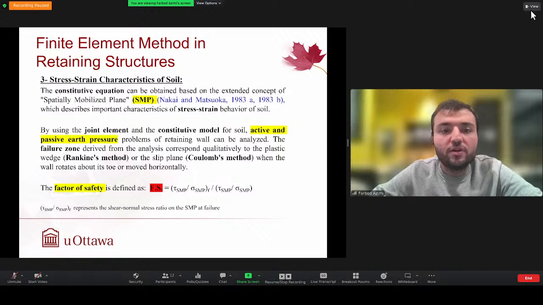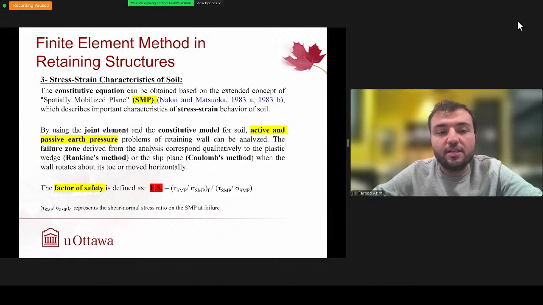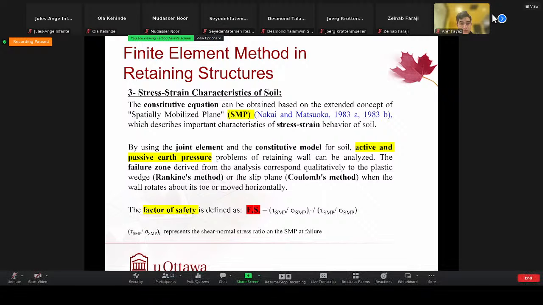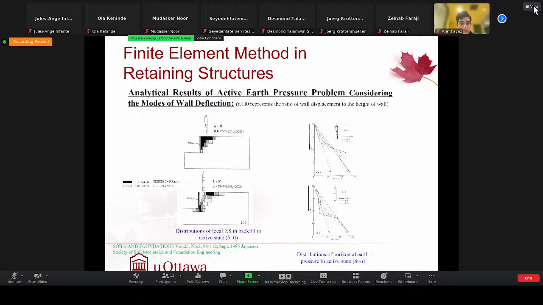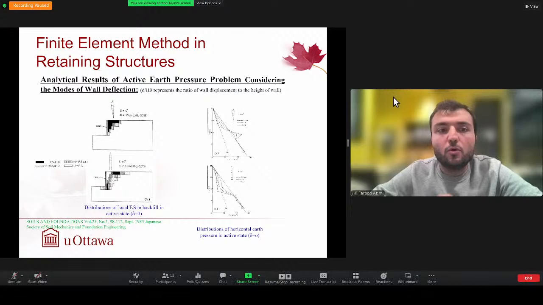So using the joint elements and these constitutive models, we can find the active and passive earth pressure using the Rankine and Coulomb methods, as was explained before. As you can see, the factor of safety can be obtained. Here is a case study of the active earth pressure problem, considering only wall deflection without considering the interaction between the wall and the soil.